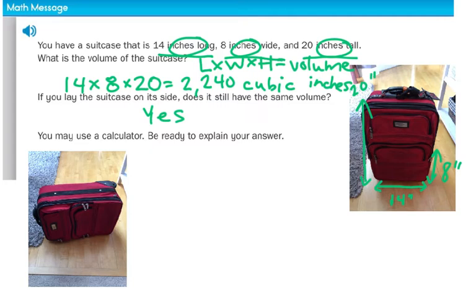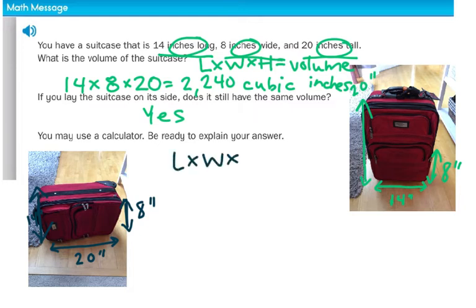If I look at the length of it now, the length is 20 inches. The width from front to back is 8 inches. And the height of it is 14 inches.